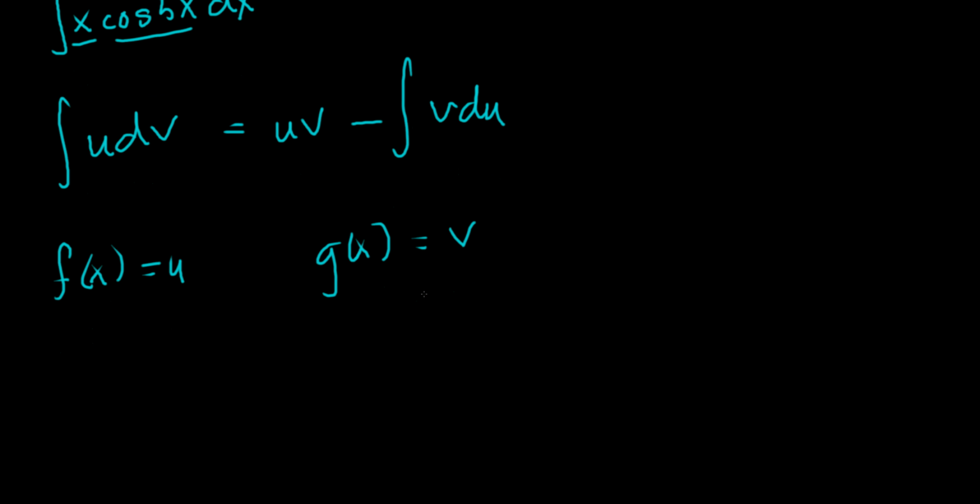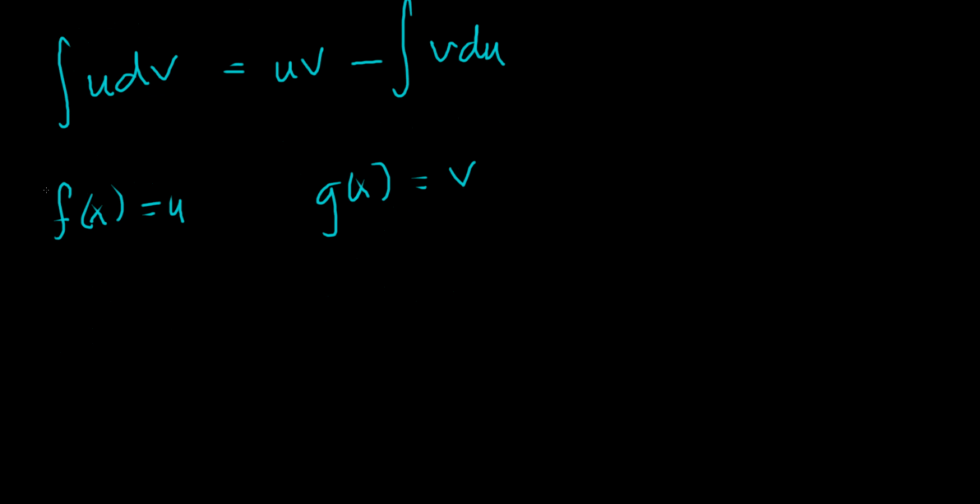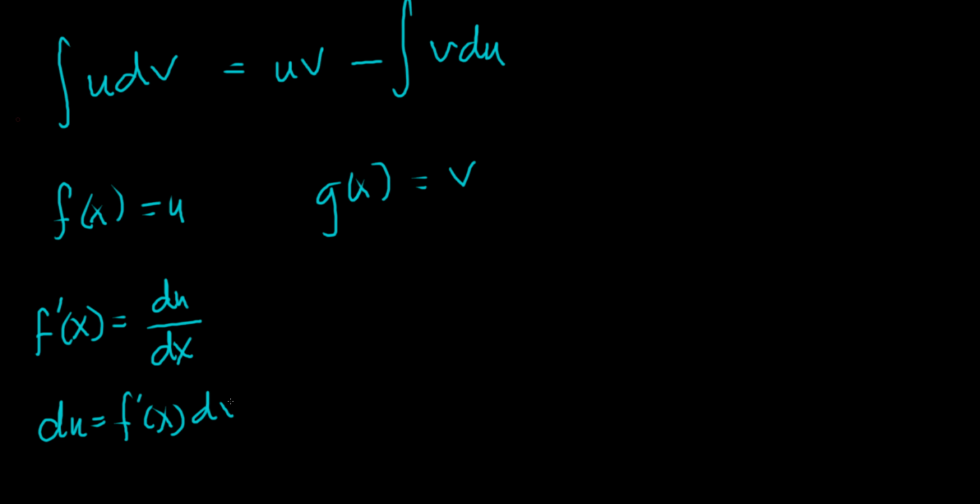Well, what about the du and dv? Let's look at that. If I took the derivative of both sides of this with respect to x, I'd end up with f prime of x equals du/dx. If I multiply both sides of this equation by dx, then I see that du is simply f prime of x dx.